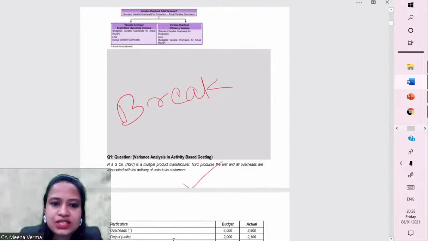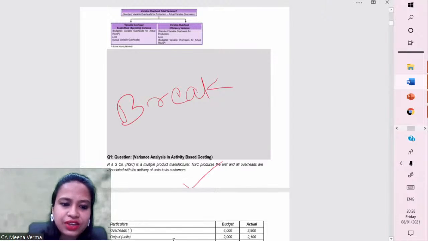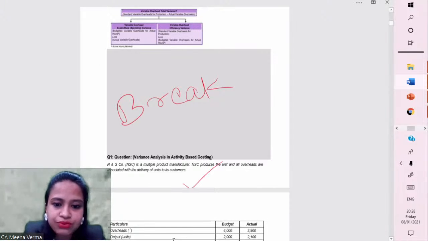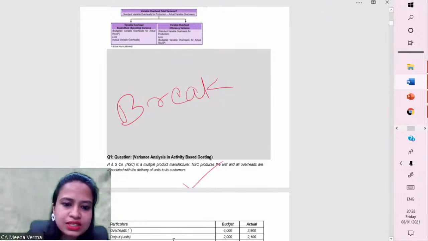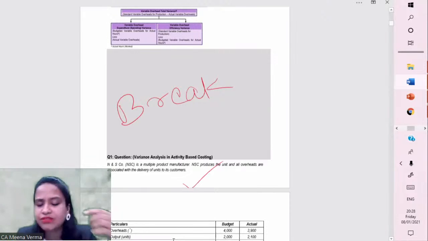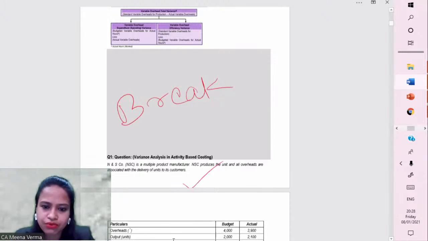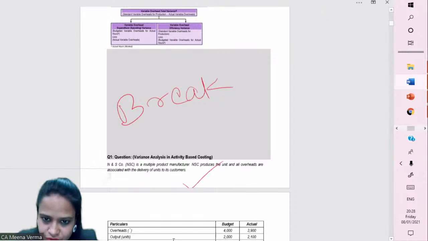If you see your book, it is given that the sales margin volume variance is equal to the sales volume variance. So for calculating the sales margin volume variance, we consider the sales margin, that is the profit. That is why they have taken the value 56.